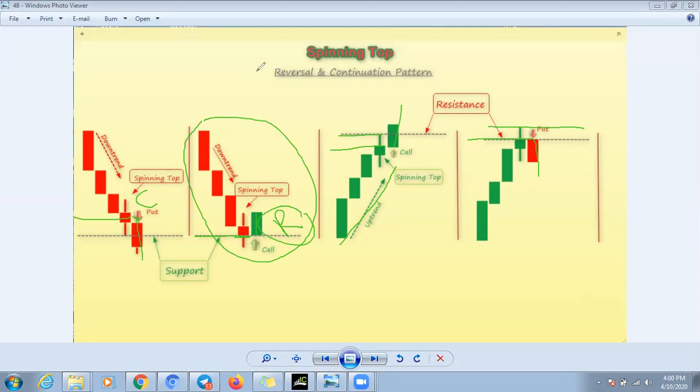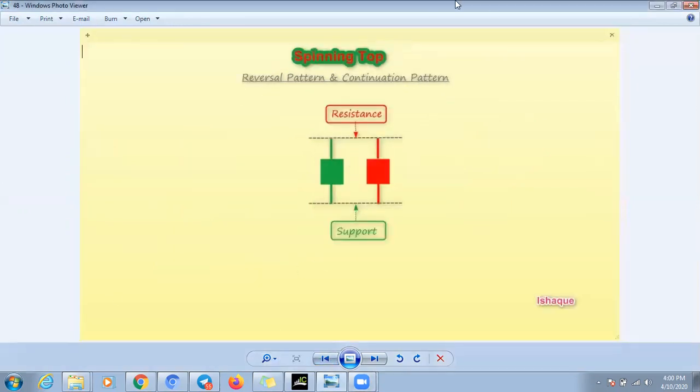Now, one difference: many traders are unable to find the right spinning top. So there are two types of candle in the spinning top. Look at how you can recognize which is a spinning top.